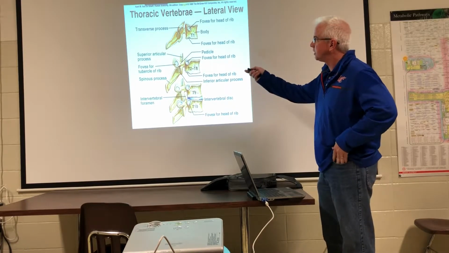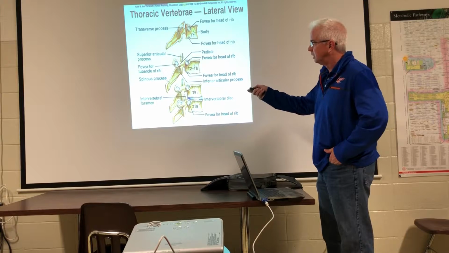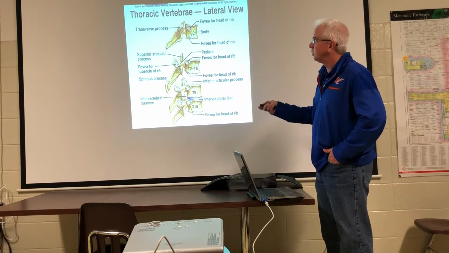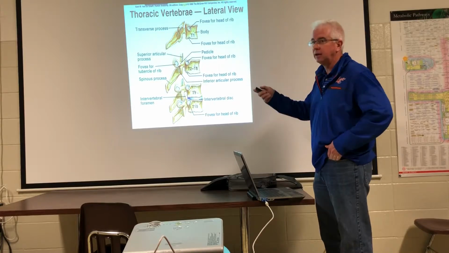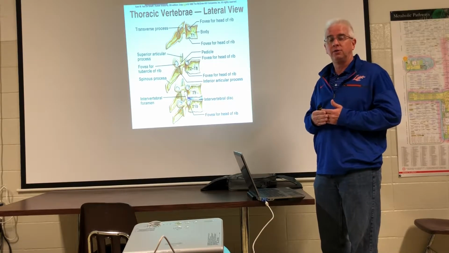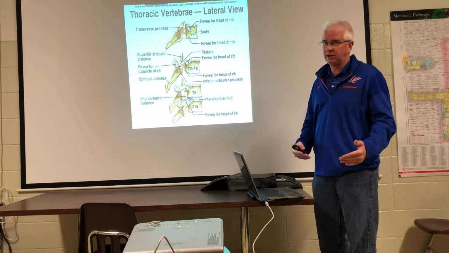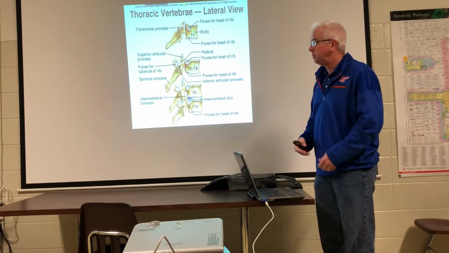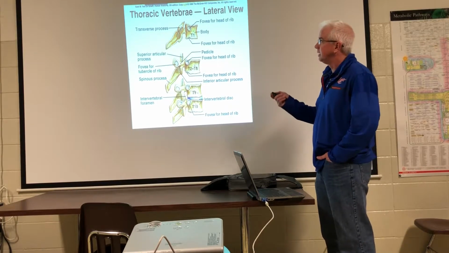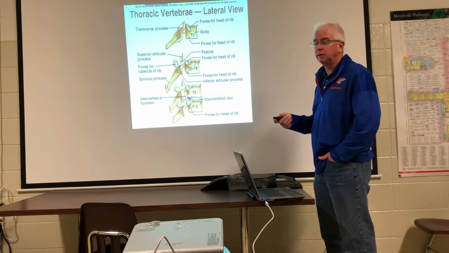So the facets here that are superior and inferior, superior articulating process or facet, and inferior articulating process or facet, these things articulate with each other throughout the vertebral column. Now, the major difference here that I want to point out to you for these facets is the angle of articulation.